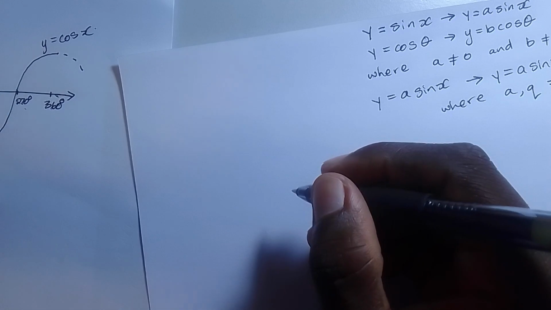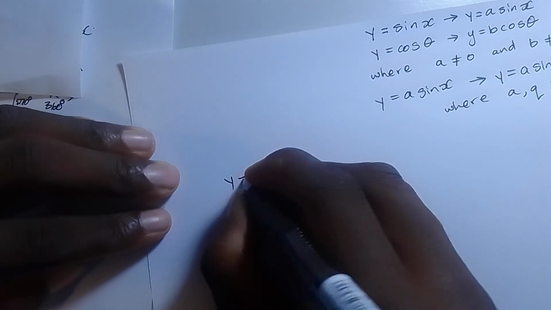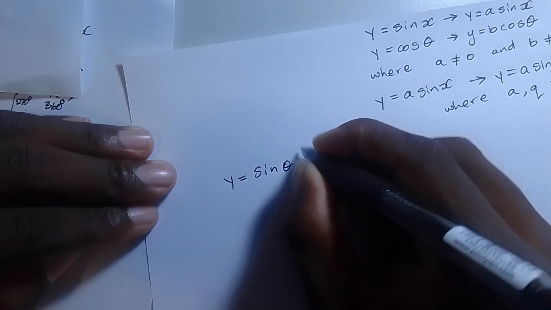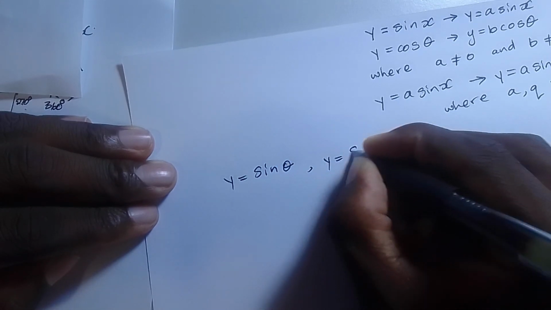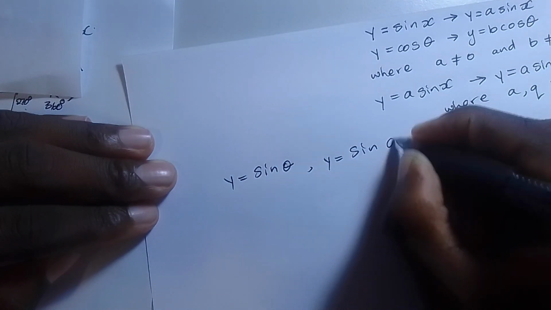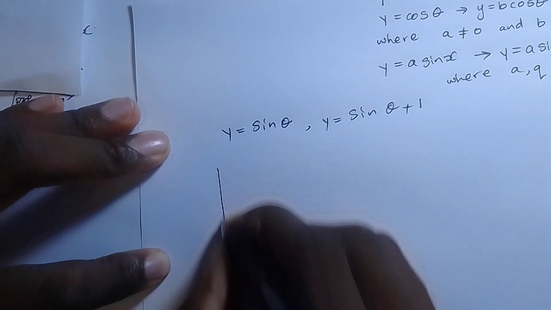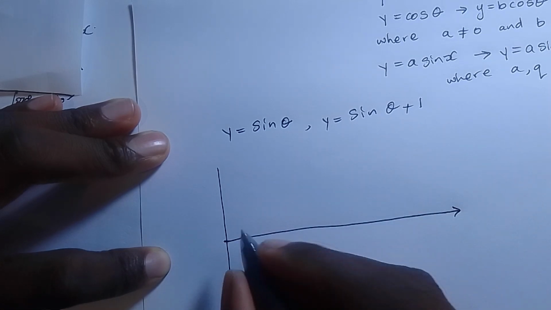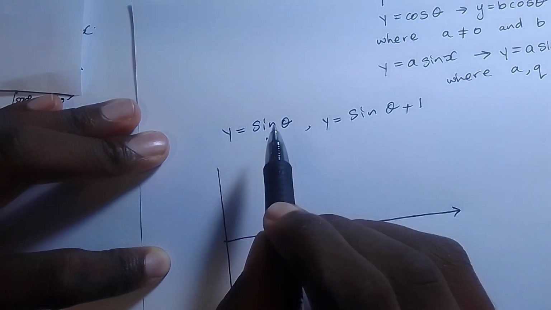Firstly, we will compare the graph of y is equal to sine theta and the graph of y is equal to sine theta plus 1. So let's draw the axis. We know that the graph of y is equal to sine theta is the mother graph.